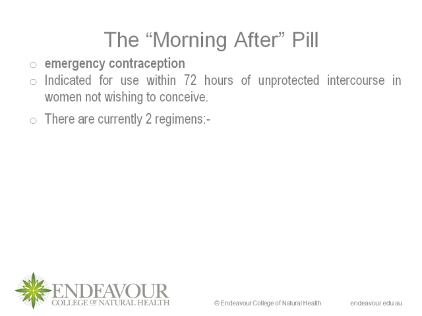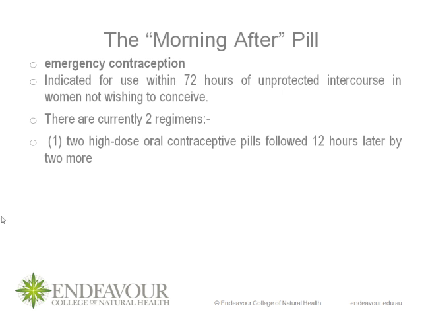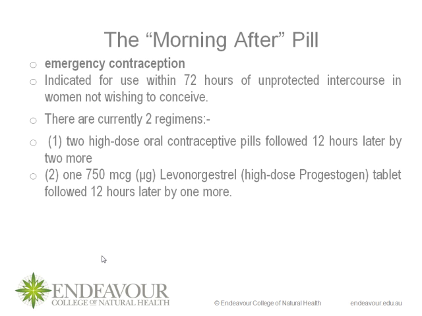So there are currently 2 regimens for the emergency contraception. 2 high-dose oral contraceptive pills, followed 12 hours later by 2 more. The other regimen is one 750 microgram levonorgestrel, a high-dose progestogen, and then 12 hours later followed by 1 more high-dose progestogen tablet.